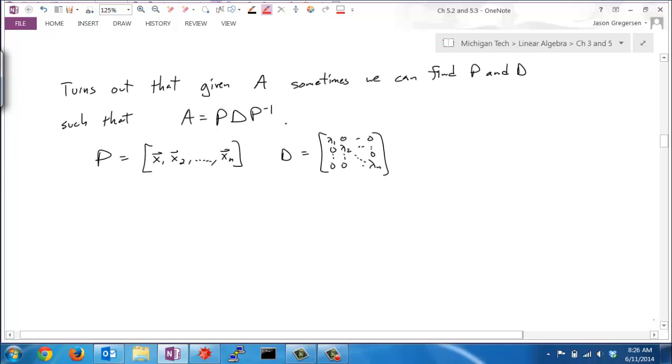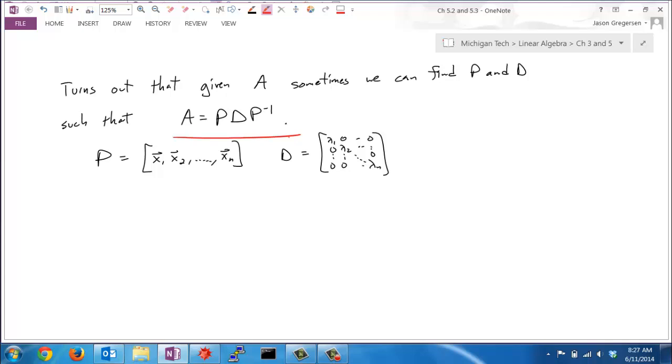Now it turns out that given some A, sometimes we can find some P and D such that A equals P times D times P inverse, but D is a very special matrix. It's a diagonal matrix. And that would be great, right? Because a diagonal matrix has to have the same eigenvalues as A, so the eigenvalues are right on the diagonal.